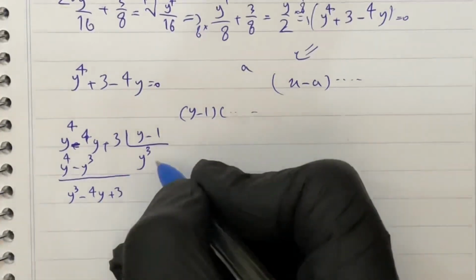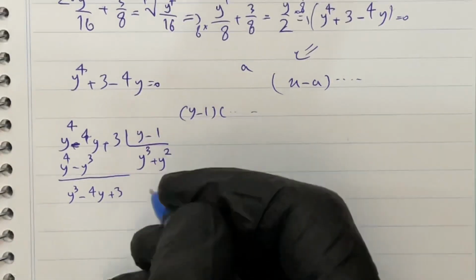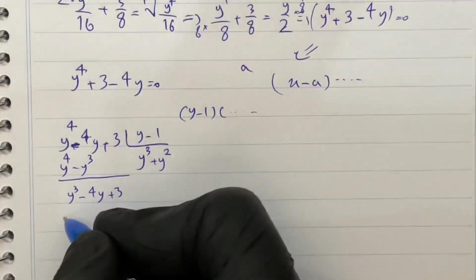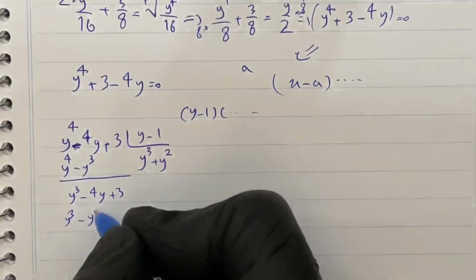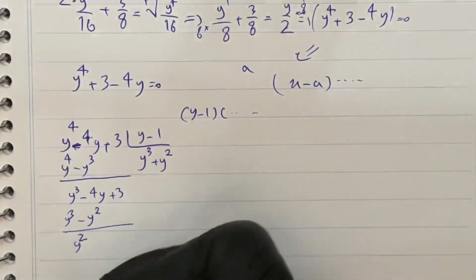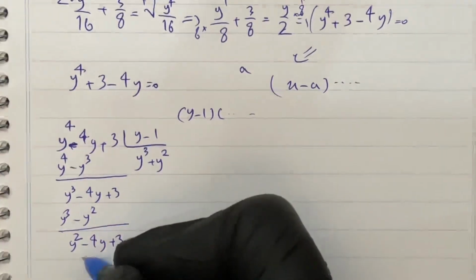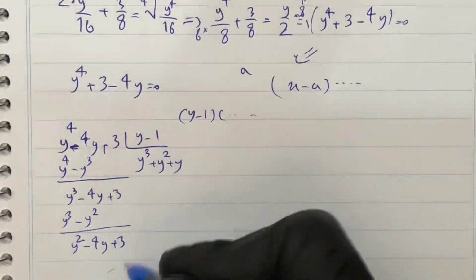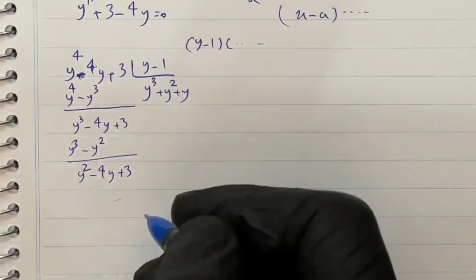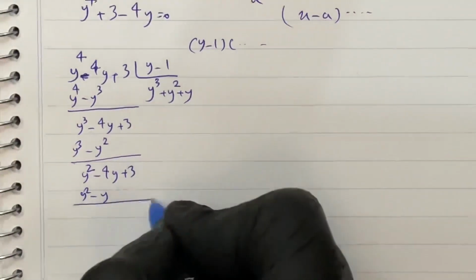And then for this, we would have plus y^2, y^3 minus y^2. That is y^2 minus 4y plus 3. And for this, we would have another y, which is y^2 minus y.